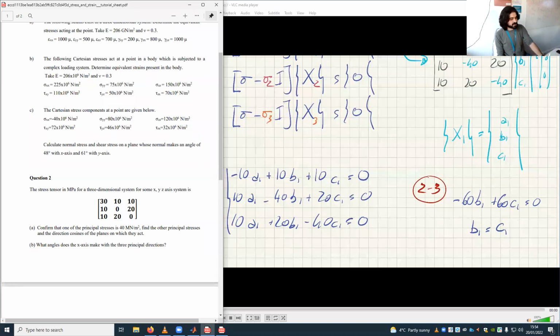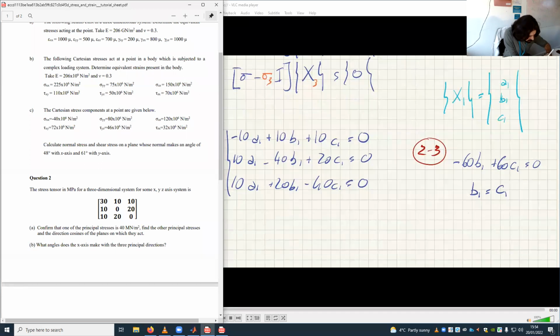And now let's see what is the relationship between any of these and A1. How do I do that? Well, now that I know that B1 is C1, I can just put it into equation 1. I have minus 10 A1 plus 10 B1 plus 10 B1 again equals 0.